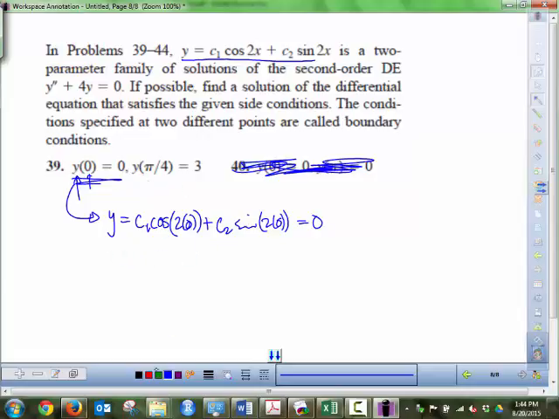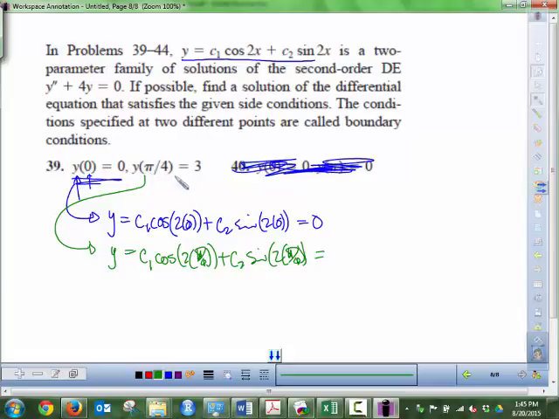And using the next condition, y, and this time your x is equal to pi over 4. This is C1 cosine 2 times pi over 4 plus C2 sine of 2 times pi over 4.